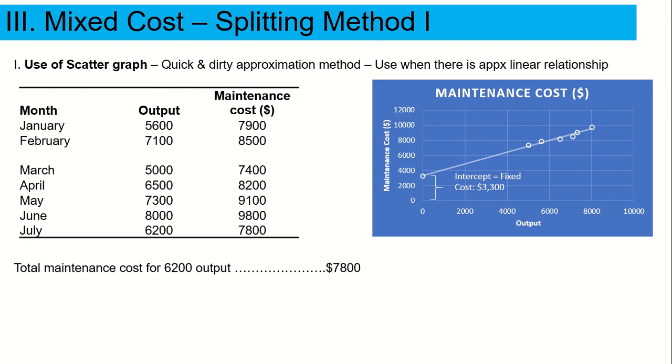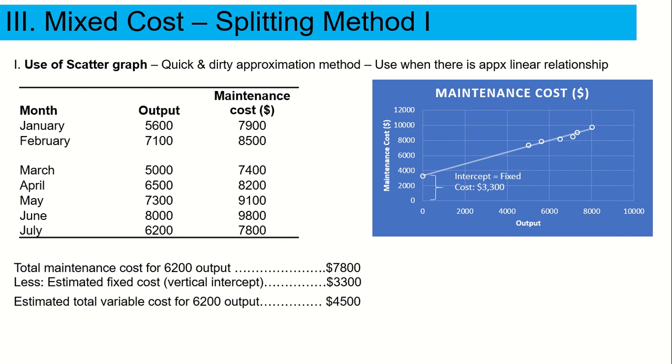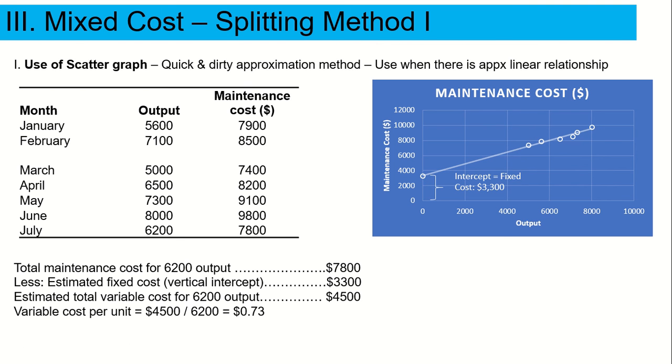So if we were to split the total cost between fixed and variable, the total maintenance cost in the month of July, with output of 6,200, was $7,800, less estimated fixed cost, which you have computed using the scatter graph, $3,300. So the estimated variable cost is $7,800 minus $3,300, that is $4,500.